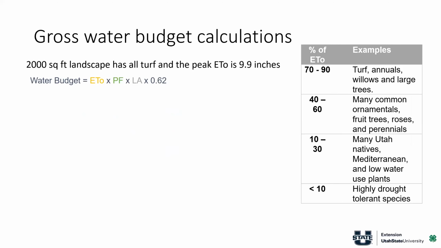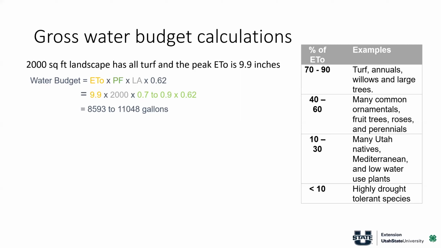If there is something like, say, 2,000 square feet of landscape that has all turf and peak ET is 9.9, and this is the graph, the turf has a plant factor of somewhere between 0.7 and 0.9. So we do it once with 0.7, once with 0.9, and the water need may be somewhere from 8,593 to 11,000, or we could just average it out.